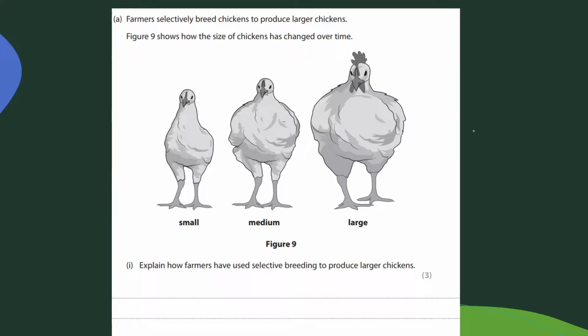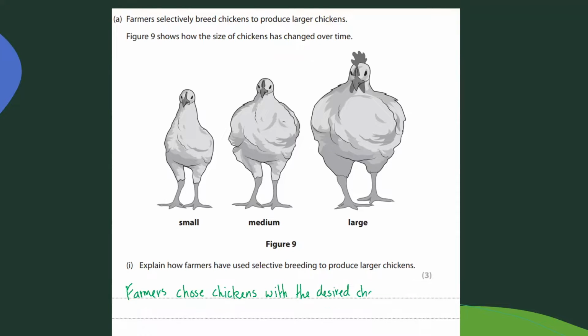So selective breeding isn't genetic engineering. You're not doing anything with a microscope in a lab. Selective breeding is, so farmers chose chickens with the desired characteristics.